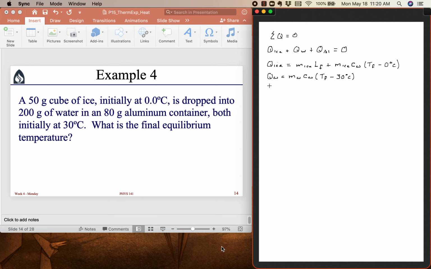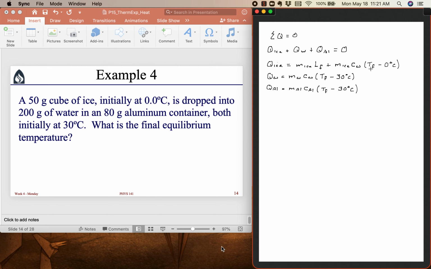Finally, we have the aluminum container, and that's going to be equal to the mass of the aluminum times C for the aluminum, and then times the final temperature of everything minus the initial temperature of the aluminum, which was 30 degrees Celsius.